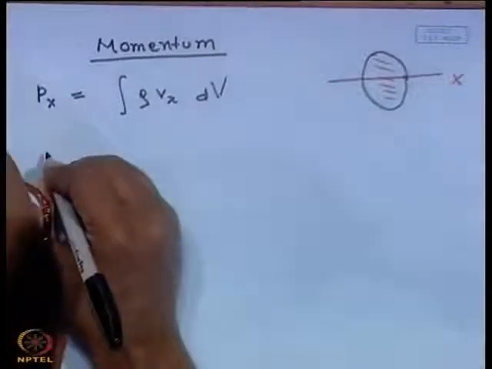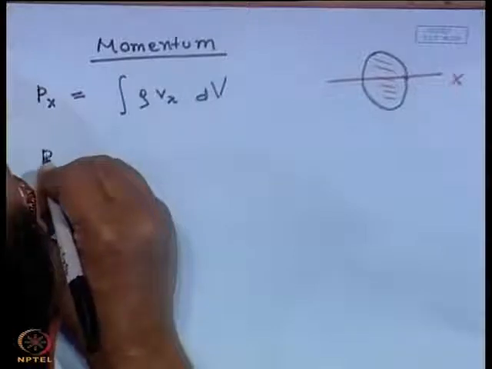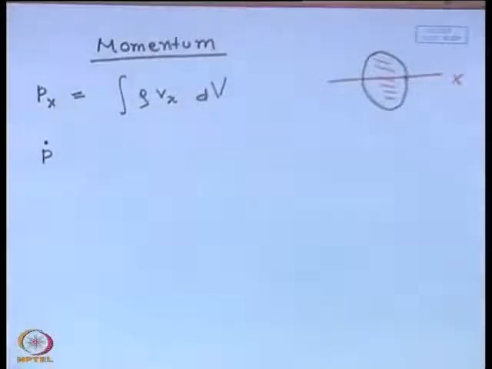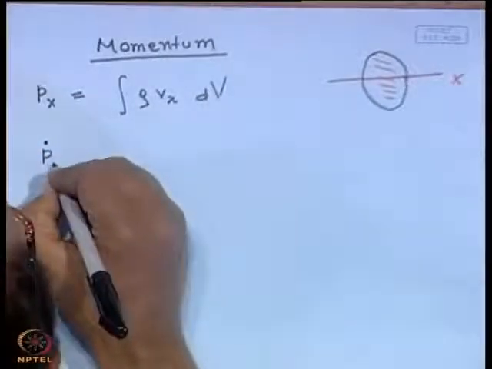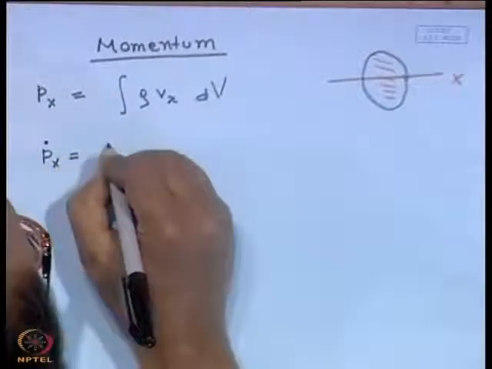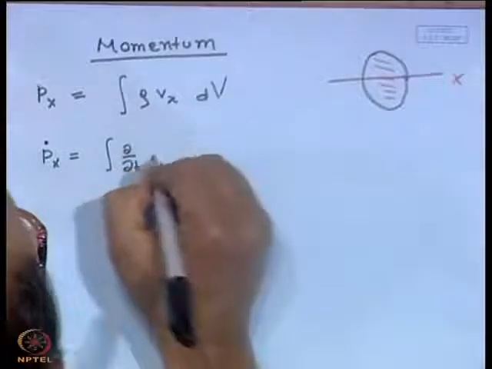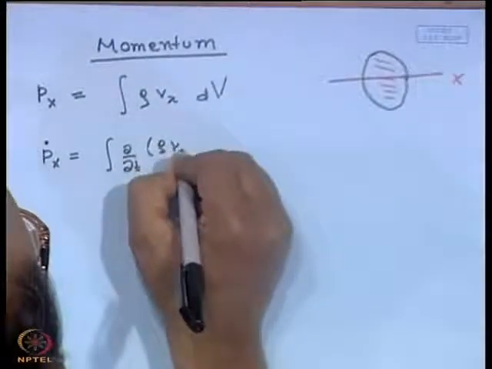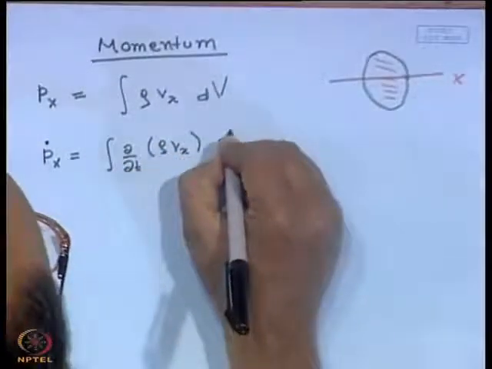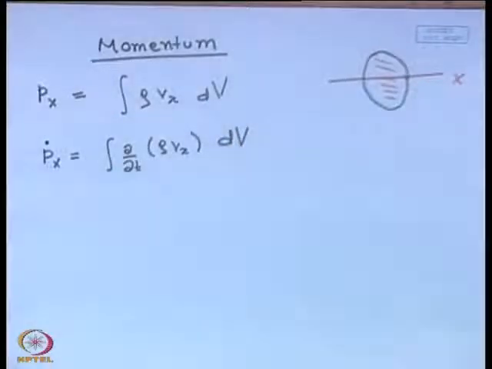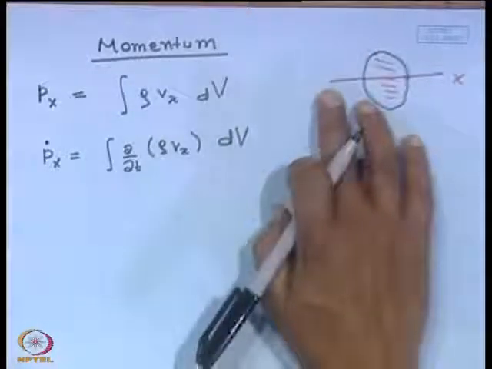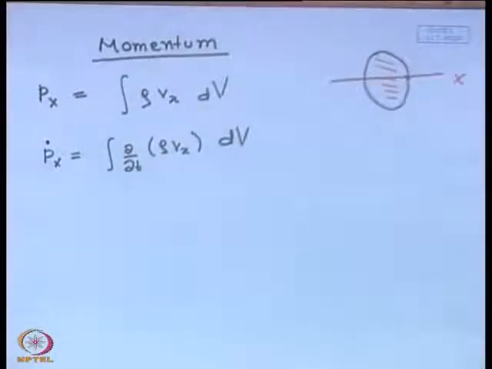So, p dot along the x direction will be again the time rate of change of rho into Vx integrated over the full volume. Okay. So, that is the rate of change of the x component of the momentum in this sphere.